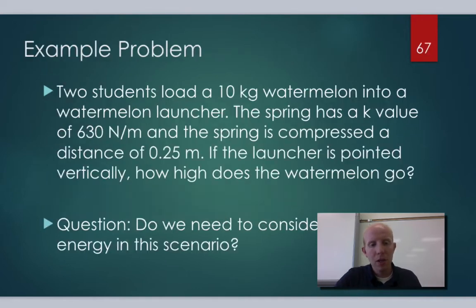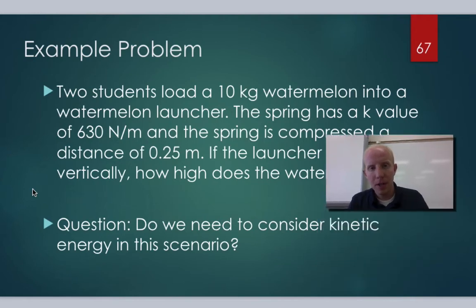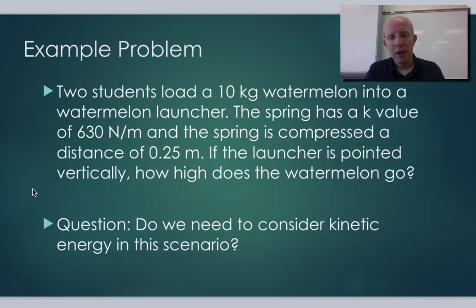So let's go back to our watermelon problem. Now instead of asking how much energy does the spring have, we're going to ask how high does the watermelon go? Now the question is, do we need to consider kinetic energy in this scenario? You put the watermelon in the launcher, the spring launches it up, right?